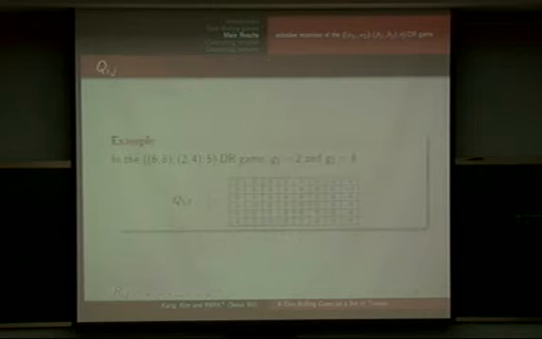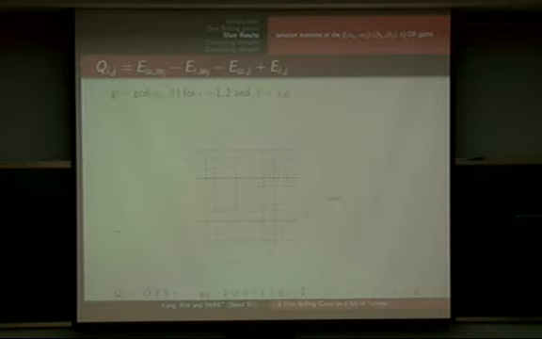Last, Qij. For example, Q37 has only 4 non-zero entries, two 1s and two -1s. More precisely, Qij equals this formula.